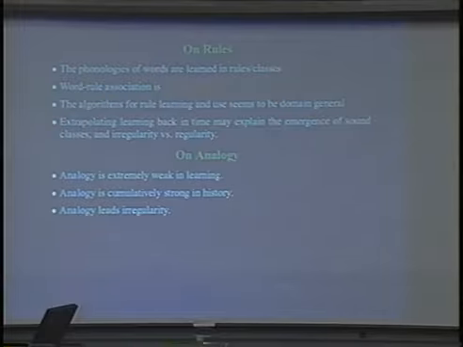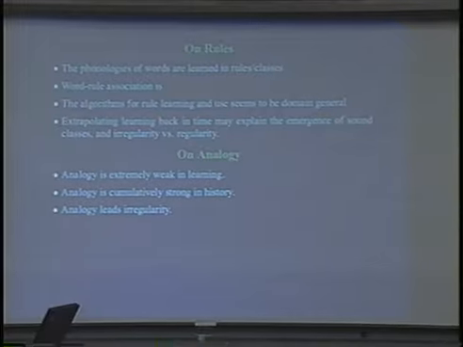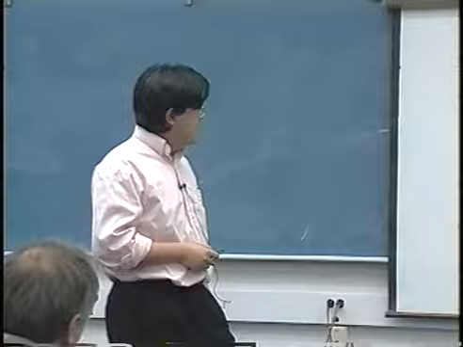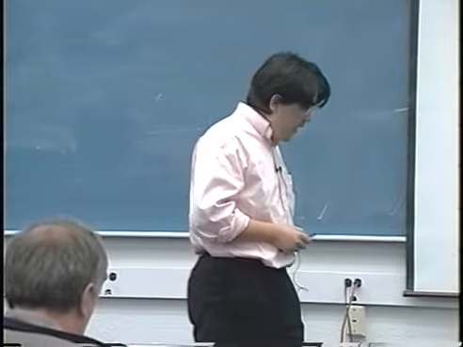And analogy is extremely weak in synchronic learning. But cumulatively strong in history. I think analogy is probably, other than systematic changes like the vowel shift, responsible for most of the sound changes in languages.